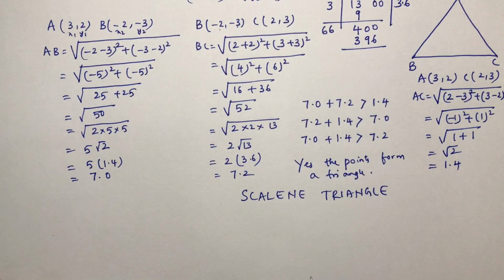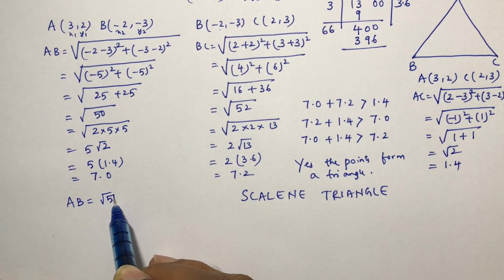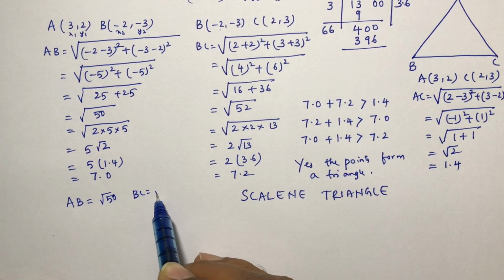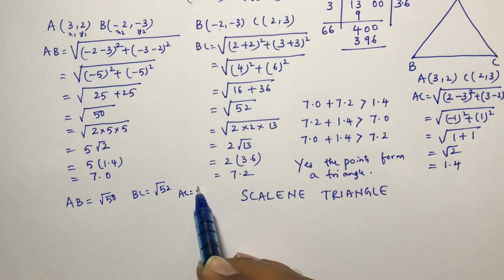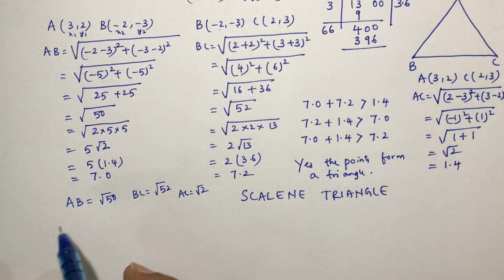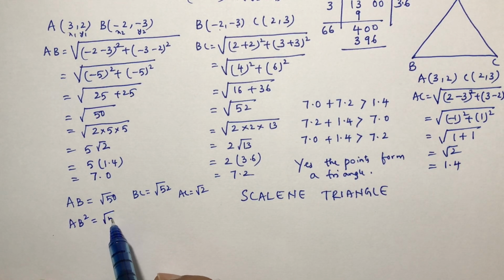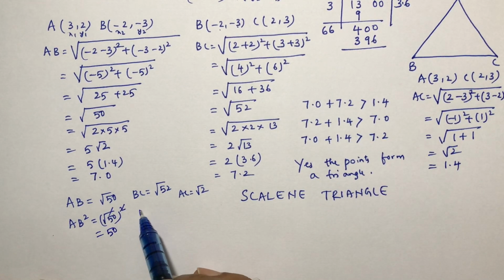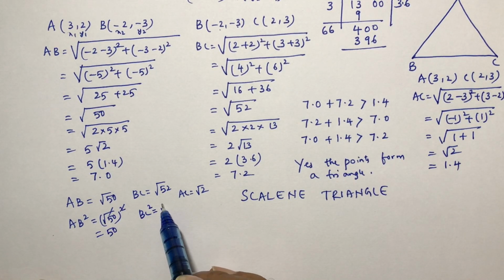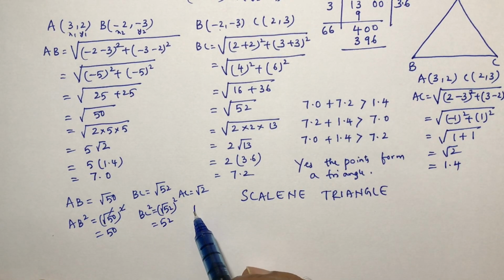If you observe carefully, AB is root 50, BC is root 52, and AC is root 2. So let us square all the sides. Root 50 whole square is 50. BC square, root 52 whole square, is 52.